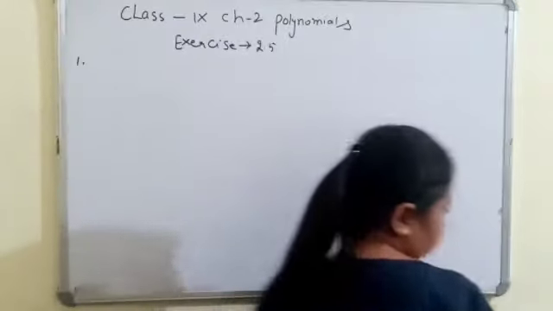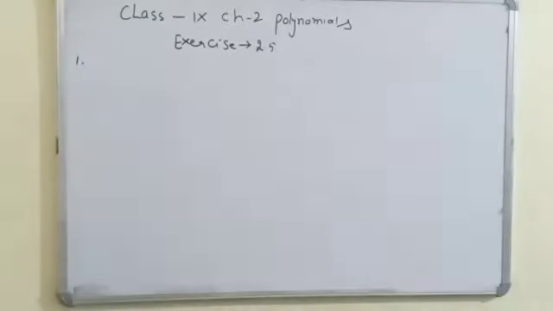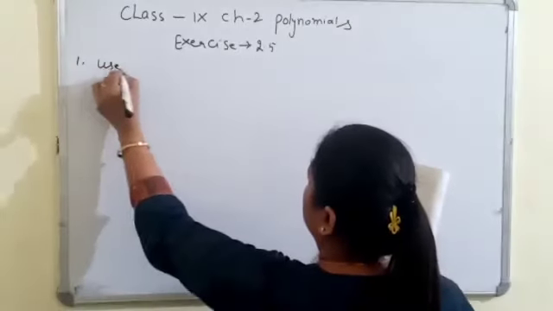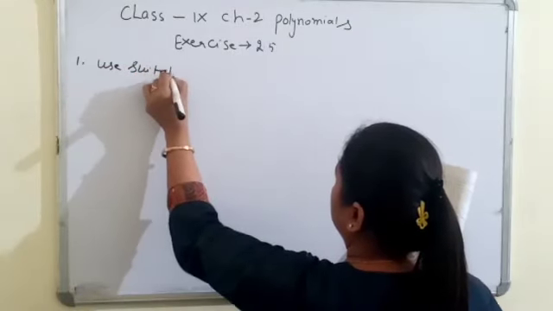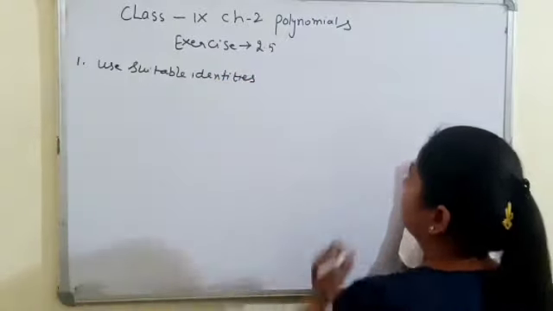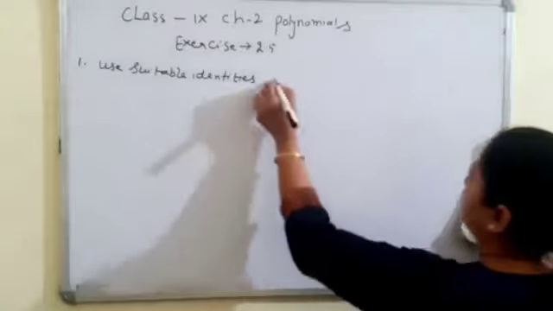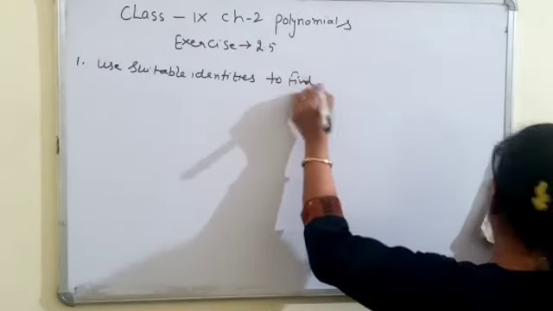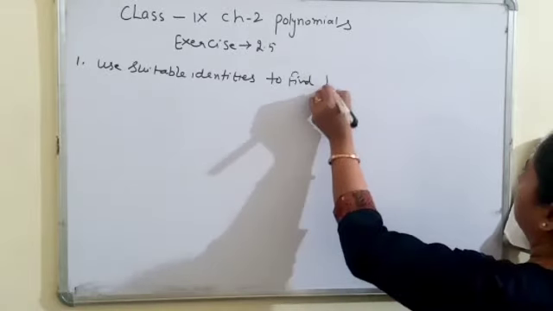Question first is: use suitable identities to find the following products.